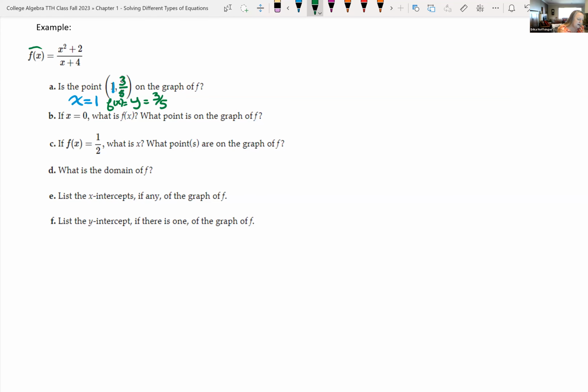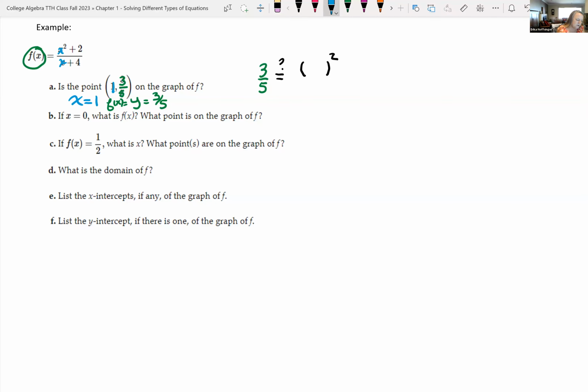So let's go in here and substitute. If f of x is 3/5, is this equal to, and if it is, then it's a point on the graph, to the value of, now let's plug in 1 wherever we see an x in f of x.